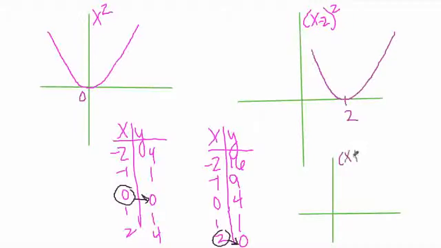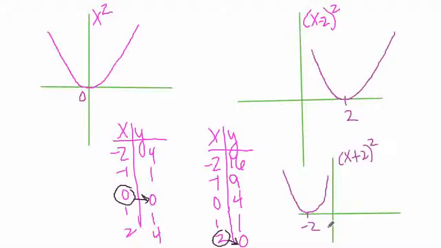So x plus 2 squared. You could work out the columns and you would see that what happens there is that when you add 2, you move to the left. So now it's centered at x equals minus 2. Okay, so adding a number to the far right side moves it up or down. Adding or subtracting a number from the x itself within the expression moves it right or left.